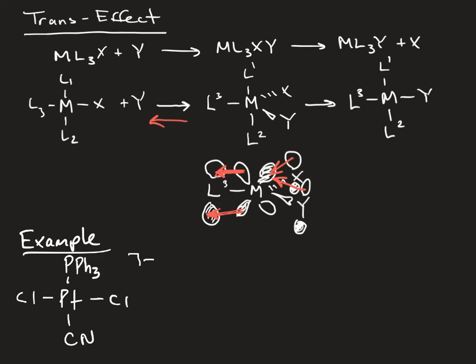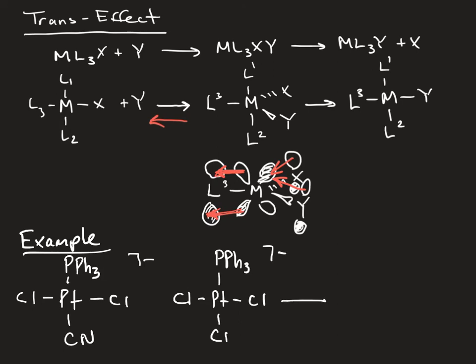It's given an overall minus charge. Well, you could start with platinum tetrachloride and then convert it into, for example, the platinum phosphine compound.